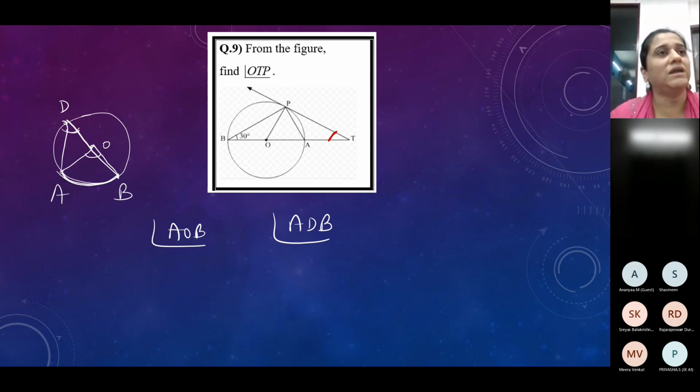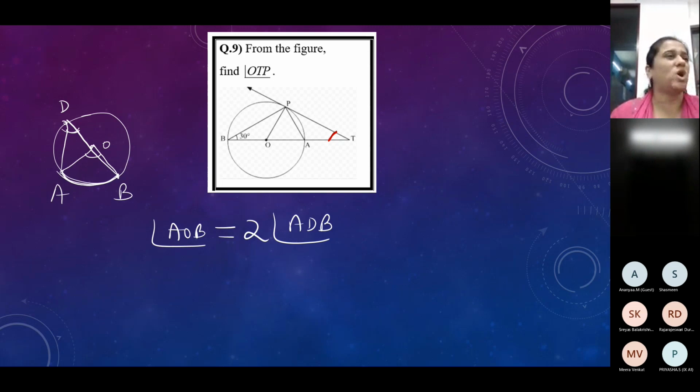These two angles are made by the same arc AB at two different points, one at O and the other at D. D is a point on the circumference of the circle. O is the center of the circle. Now we have learned a relation between these two angles. The angle at the center is double the angle formed on the circumference.